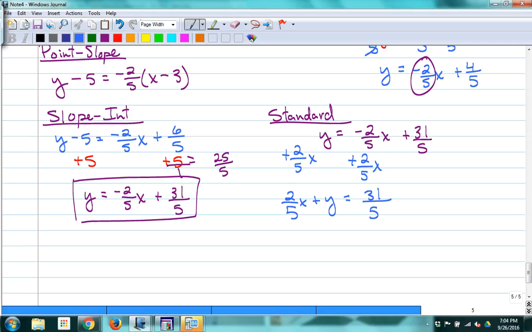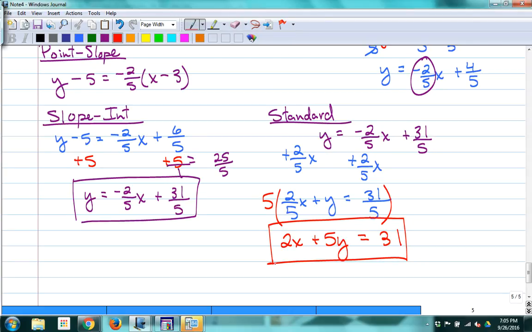Now, what rule is this in violation of? Got to get rid of the fraction. So what do I multiply by to get rid of this fraction? 5. Everybody gets multiplied by 5. The whole equation is what I'm saying. 5 times 2/5 would be 2x. 5 times y would be 5y. 5 times 31/5 would be 31. And there's our standard form.